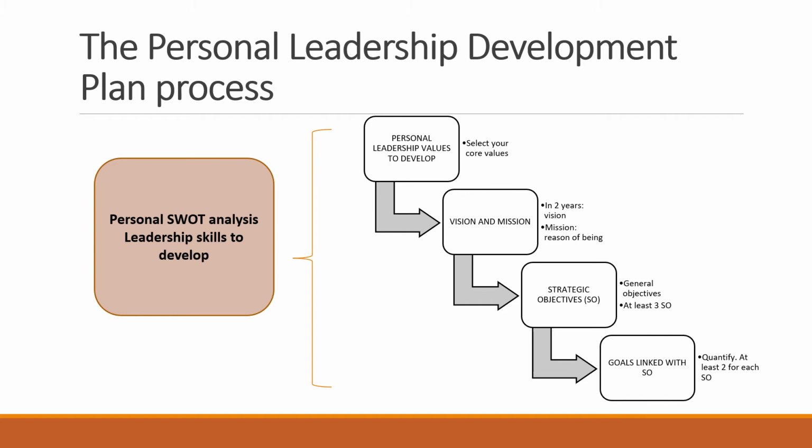In a general objective, we don't put a number. In a goal, we say we're going to diminish poverty by 5% each year until 2025.